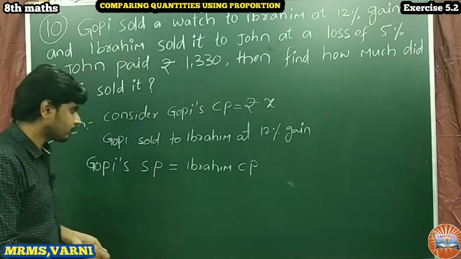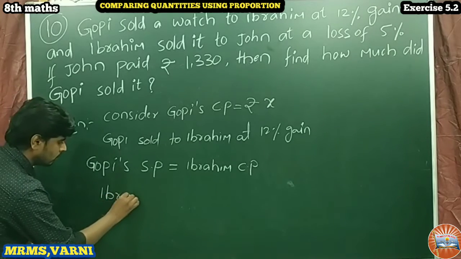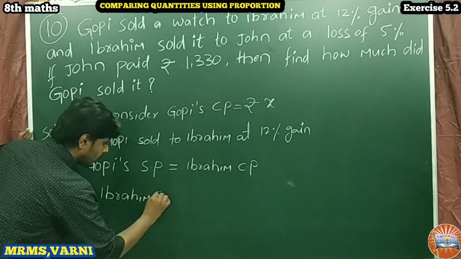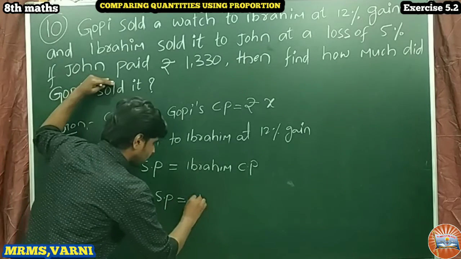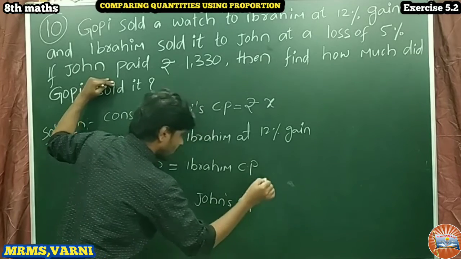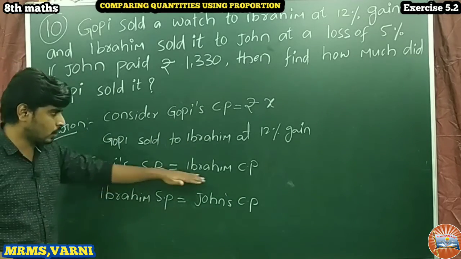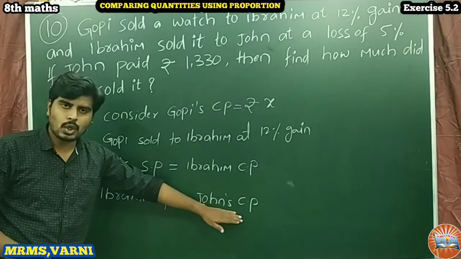It means Ibrahim's SP is equals to John's CP. Is it clear? So Gopi's SP is equals to Ibrahim's CP and Ibrahim's SP is equals to John's CP.